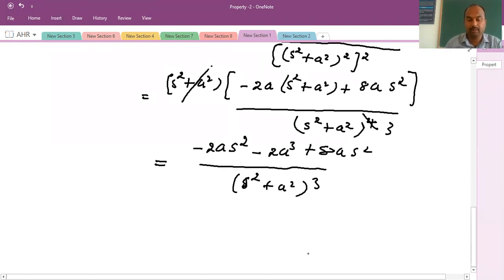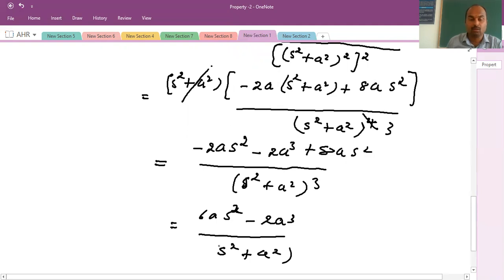So now the numerator, this 8a square minus 2a square will be 6a square minus 2a cube divided by s square plus a square to the power of 3. So this is the Laplace transform of t square into sin at.